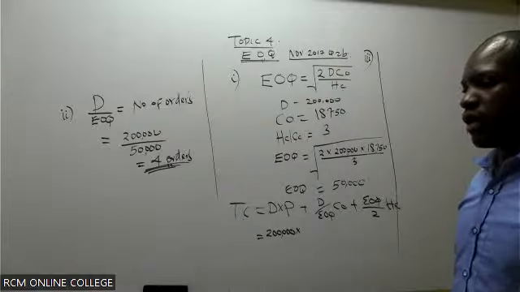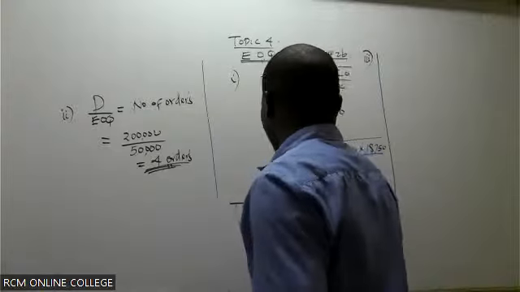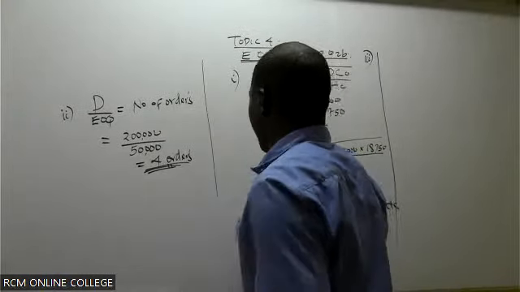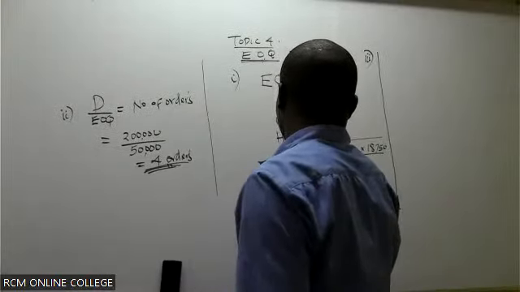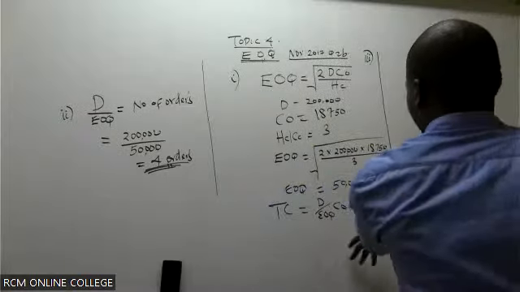No. So if that is not given, we change our formula and do away with where we are required to use the purchase price. So this is what is going to remain here.